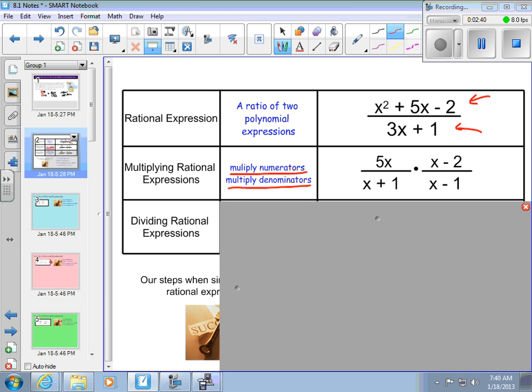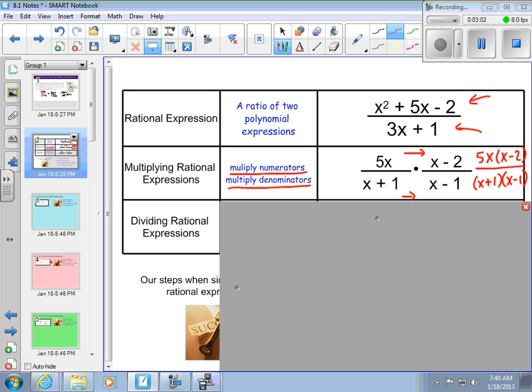Multiply across the top, multiply across the bottom. If we multiply across the top, we'd have 5x times the quantity x minus 2. On the bottom, if we multiply, we got the quantity x plus 1 times x minus 1.